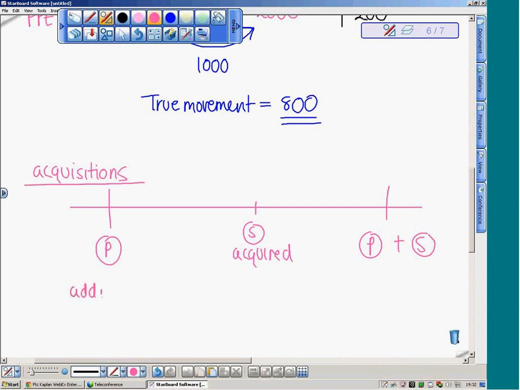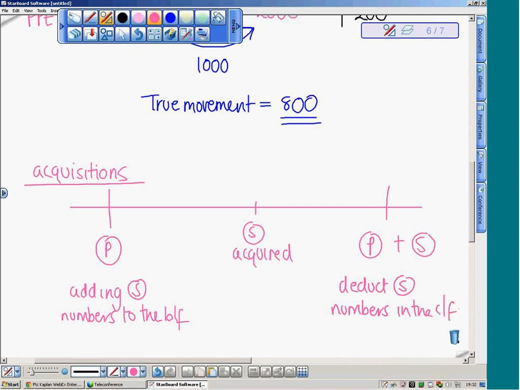You can think about adding S's numbers to the brought forward, or alternatively, deduct S's numbers in the carry forward. Now, whichever method you adopt, you will get the same net answer.